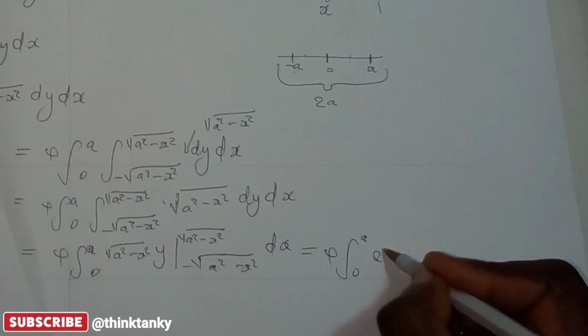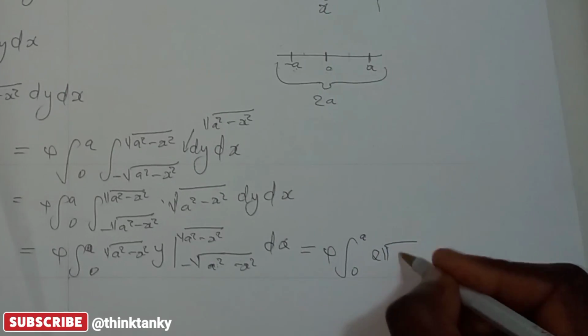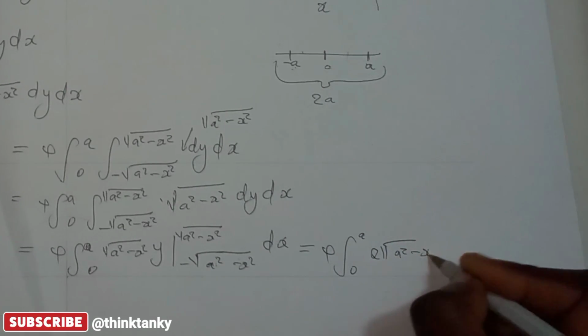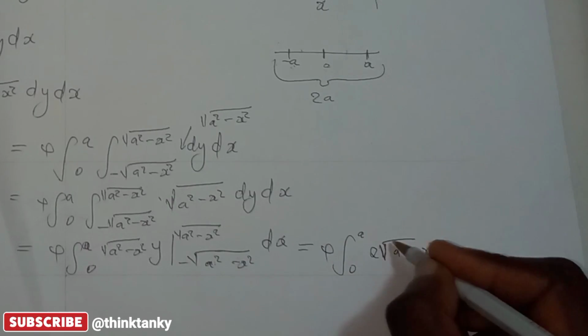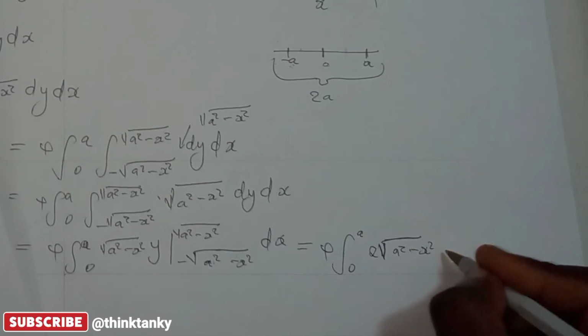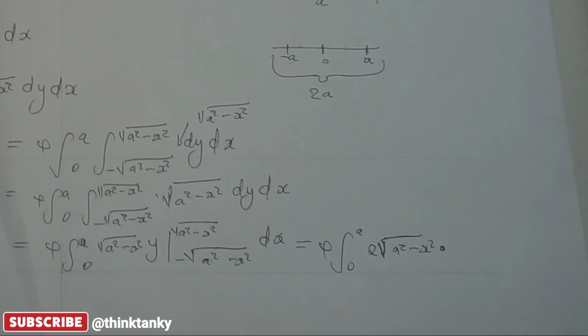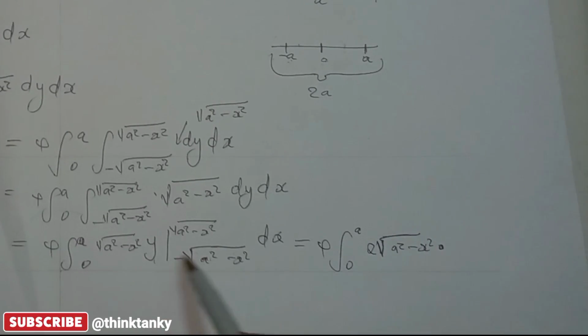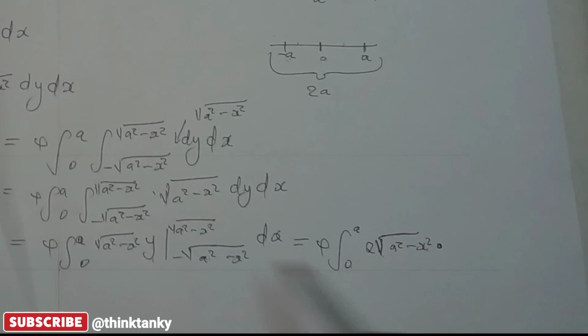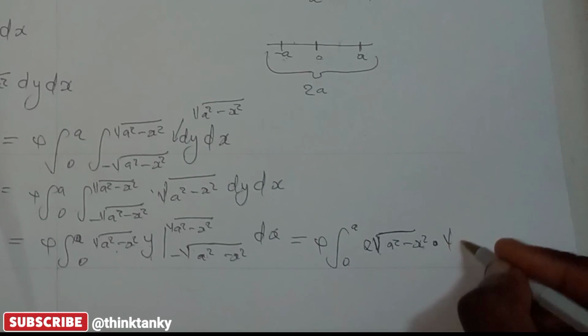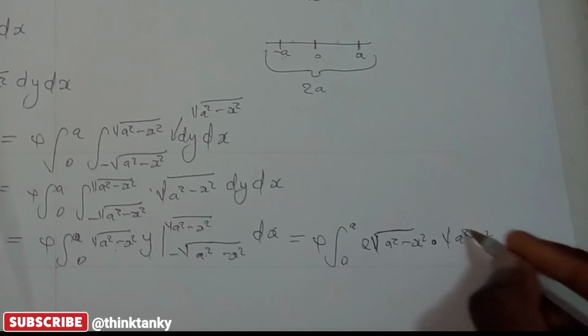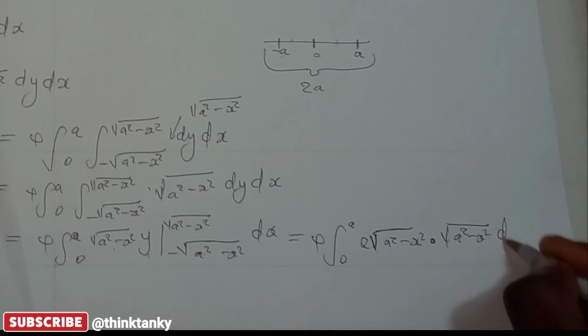4 times the integral from 0 to a of 2 root a squared minus x squared, times the value of this, that is 2 times the square root of a squared minus x squared, times this one, which is root a squared minus x squared, dx.